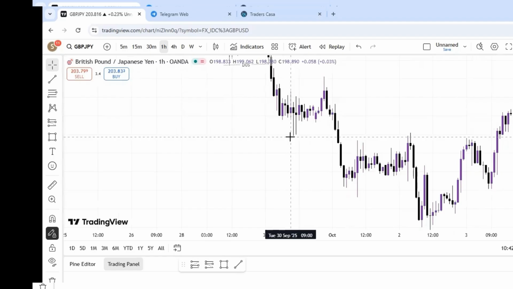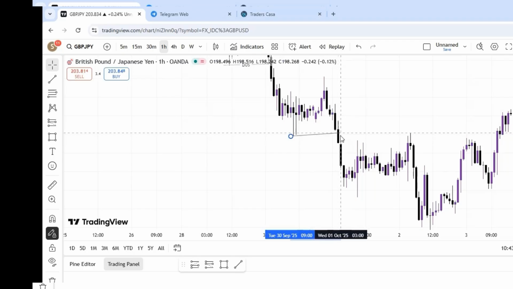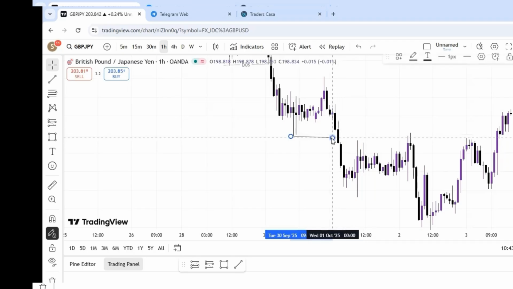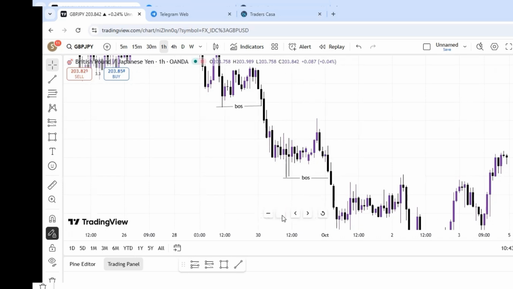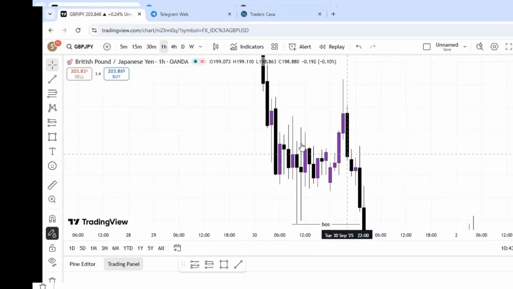Another break of structure here. Check this chart very well. I'm very sure this is a setup.